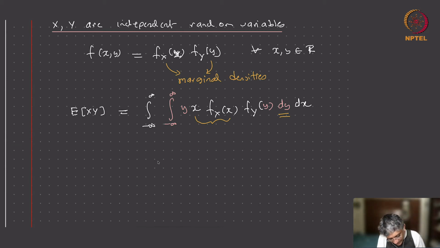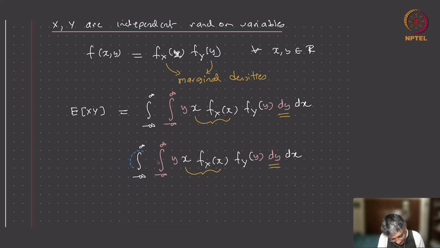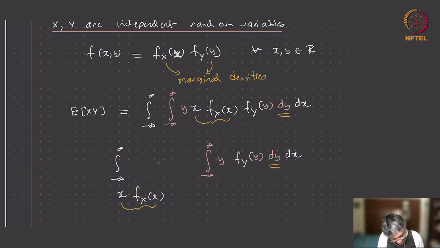So it's going to be equal to, I pull the x f_X(x) out, and I move this back inside.